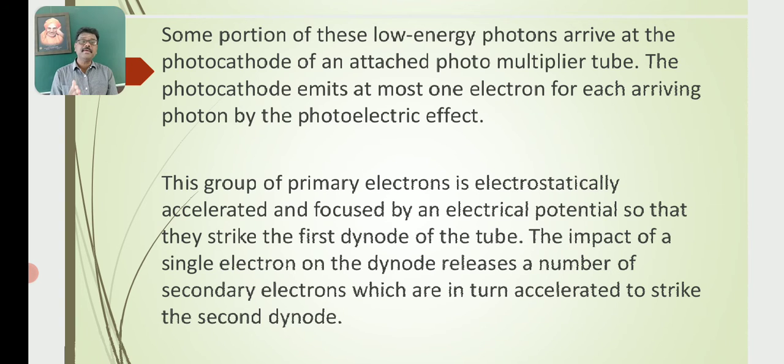Because of the impact of the highly energetic primary electrons, the diode releases a number of secondary electrons, which are in turn accelerated to strike the second diode.